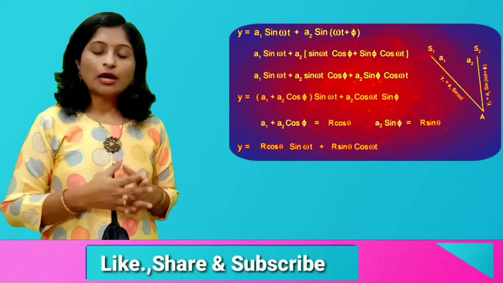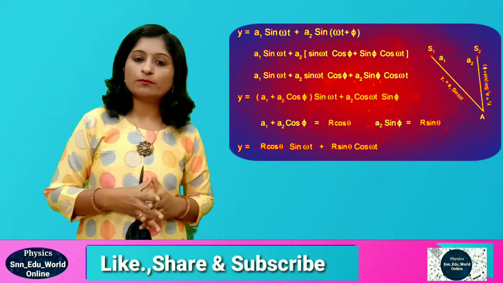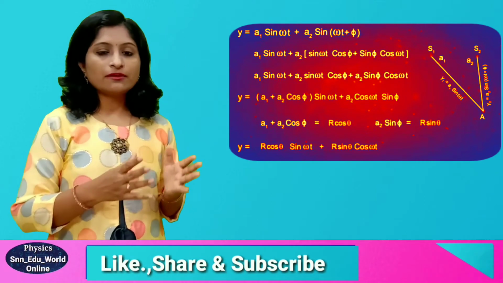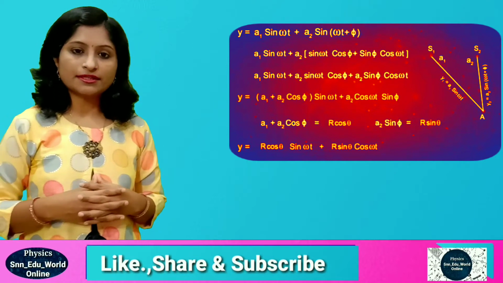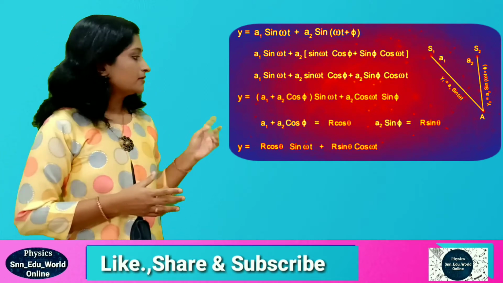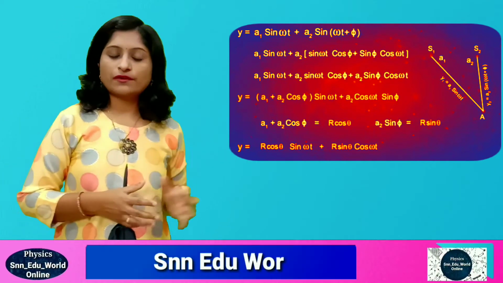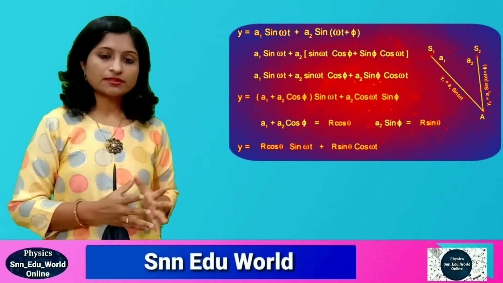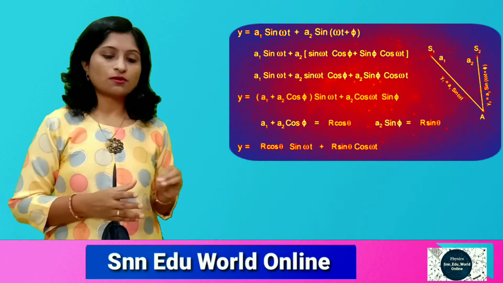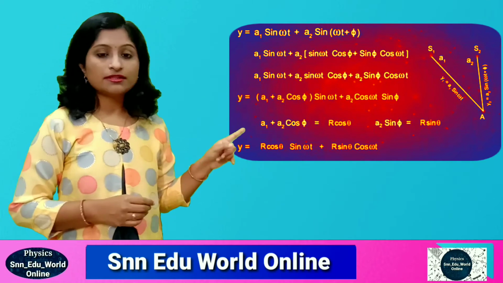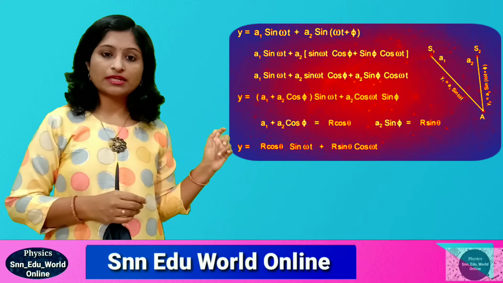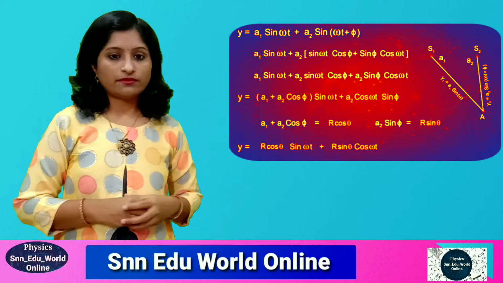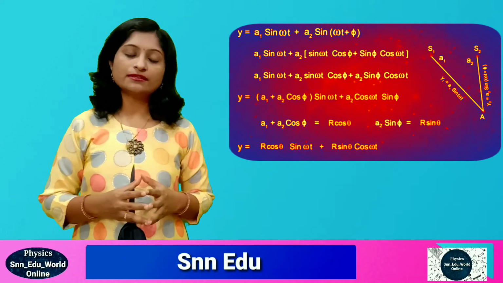Now, apart from the omega t terms, the remaining we have to substitute by another expression. See here, a1 plus a2 cos phi we replace with R cos theta, since it is a cos term. And the other term with cos omega t, which is a2 sin phi, we take as R sin theta.